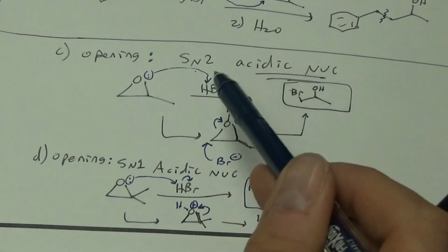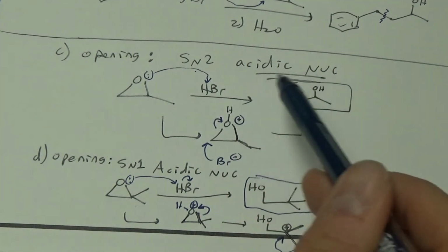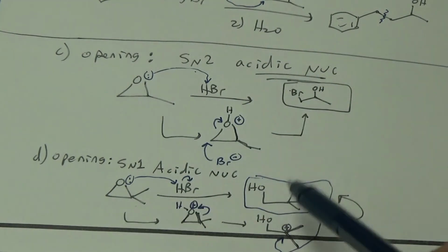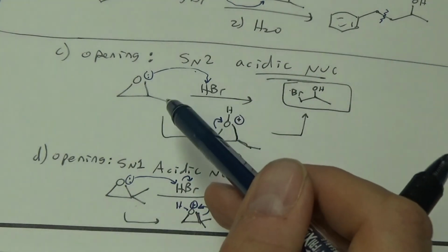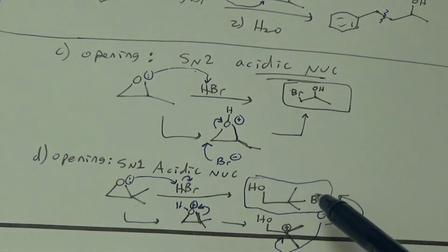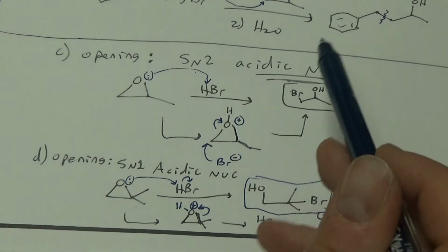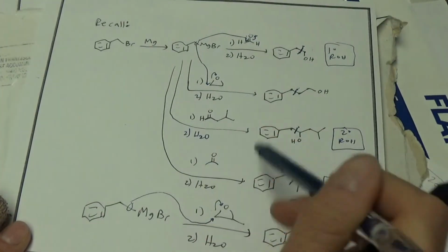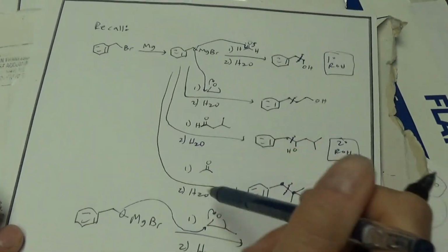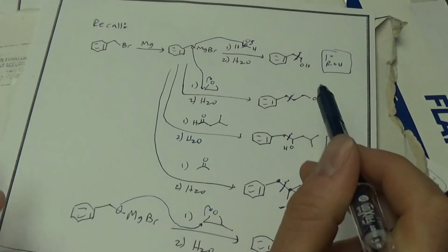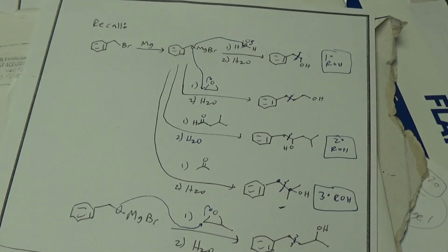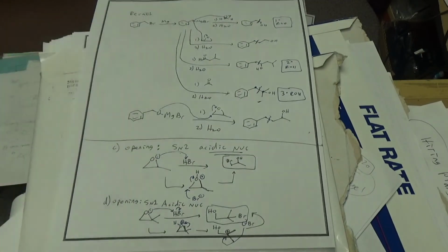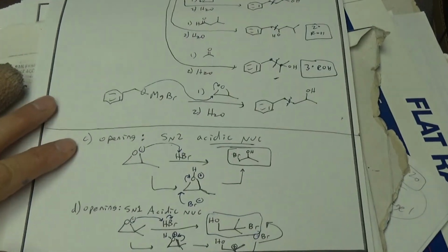So if it's an acidic nucleophile and you have a tertiary, it's going to be SN1. Anything else is going to be SN2, right, like this. All right, so I'll review that. And then anything that's non-acidic, including Grignards and all that, it's always going to be SN2 style, meaning it attacks the least inner side. Okay, cool. Sorry I went over a little bit, but that's the hard stuff in Chapter 9. We have a tiny bit more, and then we're onward to Chapter 11.